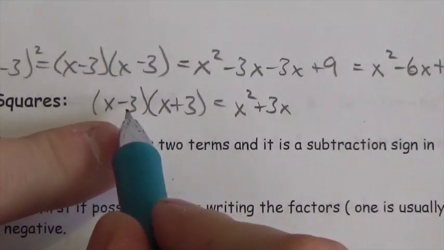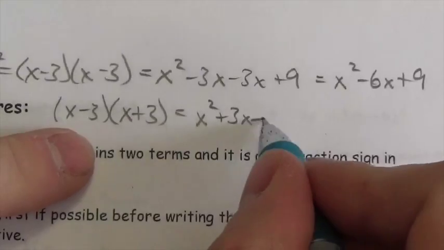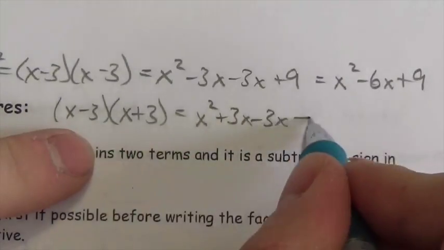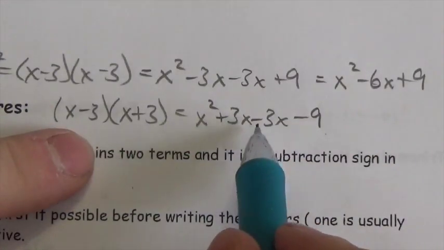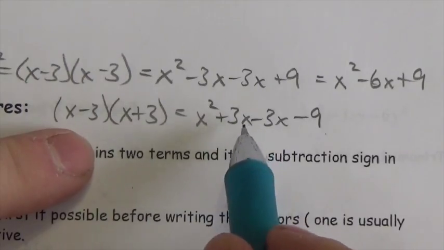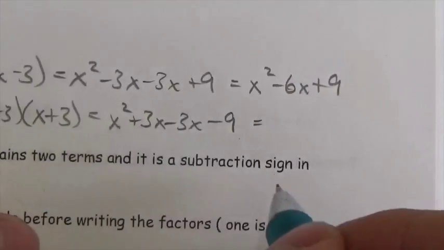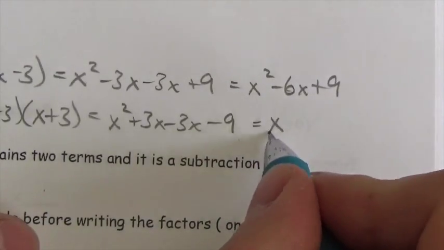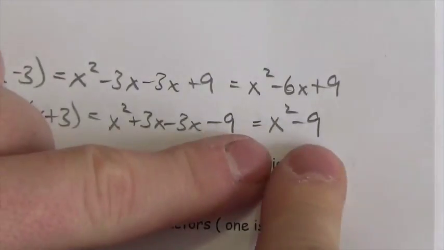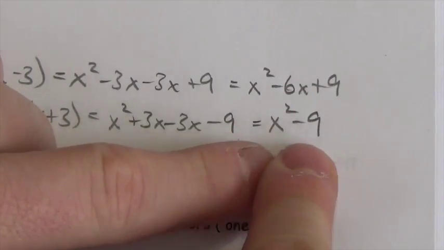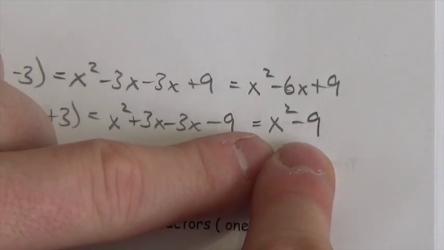Then I distribute the negative 3 through, and we get negative 3x minus 9. Now notice that the two middle terms have opposite signs, so those become 0. Positive 3x minus 3x becomes 0, and I get x squared minus 9 left over. There are the two terms that I'm looking for. That's the binomial I was wanting from the beginning.